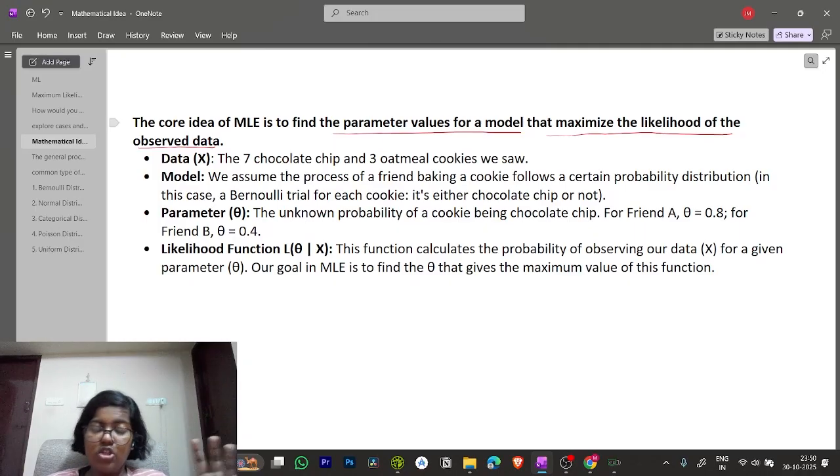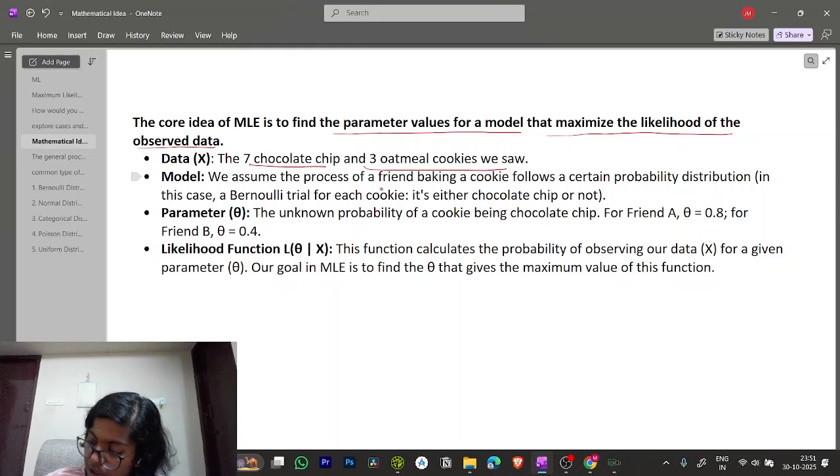Here, in this cookie problem, 0.8 or 80% is the parameter by which friend A could have baked it, and 0.4 or 40% is by which friend B could have baked it. That's called the parameter values for a model. The data given in our question was 7 chocolate cookies and 3 oatmeal cookies.